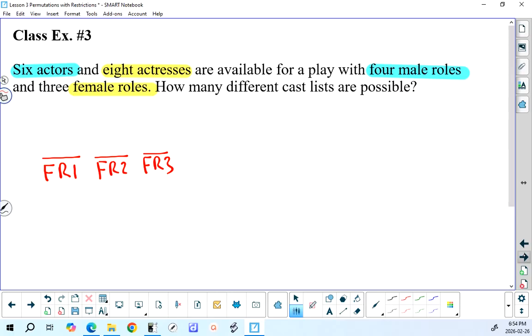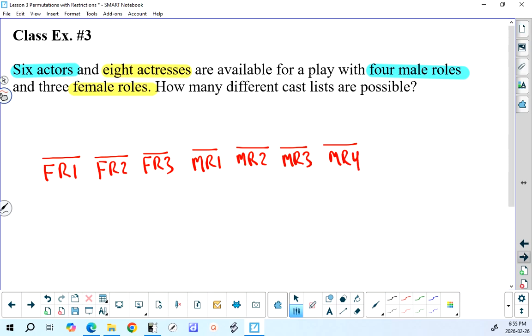Maybe female role 1 is Pat, and female role 2 is Allison, and female role 3 is Alyssa. That's the character names. And then we have different male roles. We have male role 1, male role 2, male role 3, and male role 4.